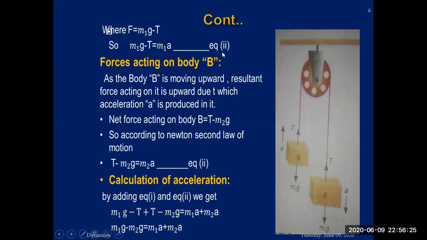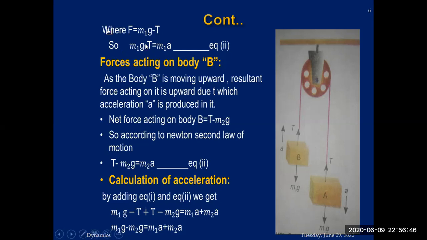This one is equation number 1. So to calculate acceleration, you are getting two equations. You have to see how you can calculate the acceleration. This one is m1a, this one is m2a. This is plus tension, this is minus tension, so you will add these two. You will use simple mathematical equations to find out the value of acceleration.